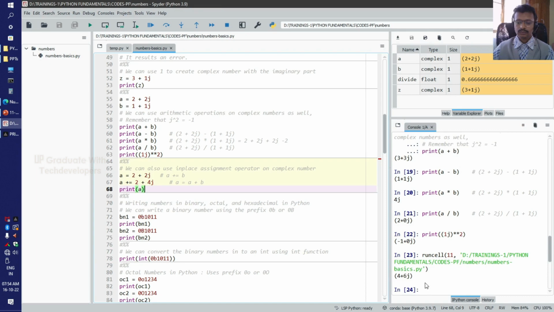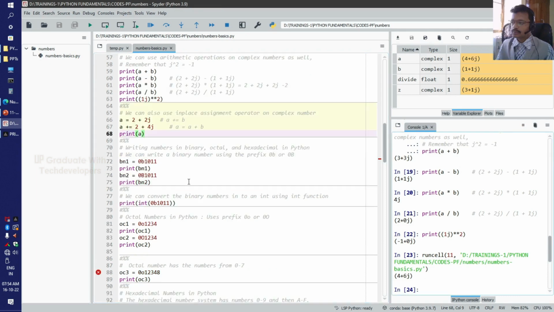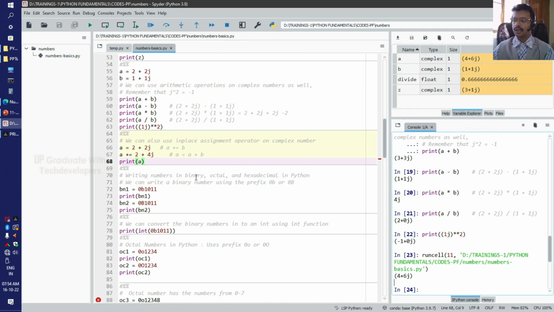So we got the result as 4 plus 6j. Let us see how to write the numbers in binary, octal and hexadecimal in Python.